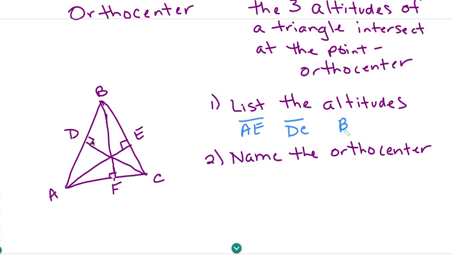And we have BF, vertex to the opposite side, creating a right angle. This would then give us the orthocenter of P, where the 3 altitudes intersect. And now you understand altitudes and medians.